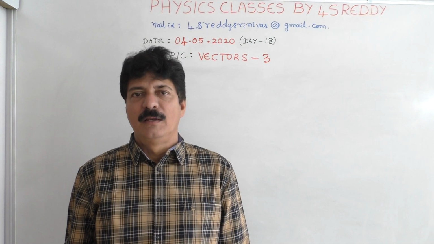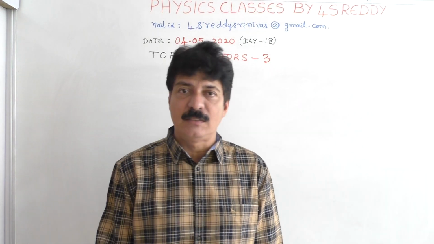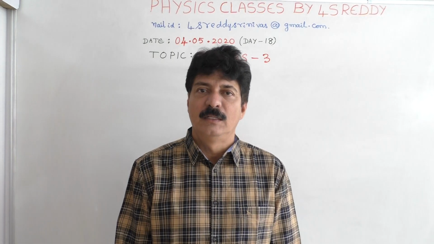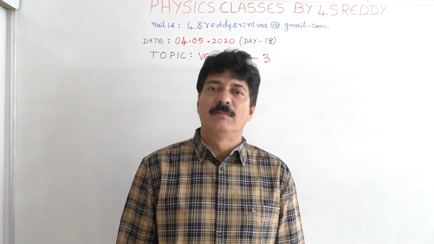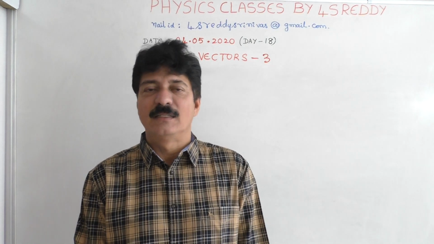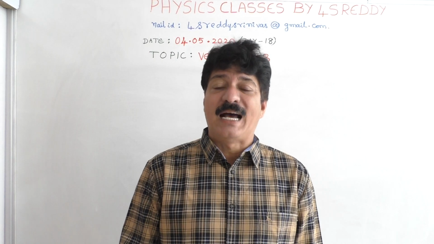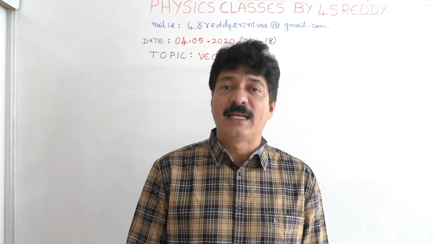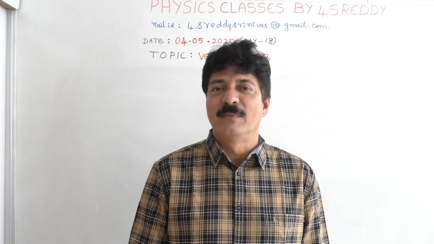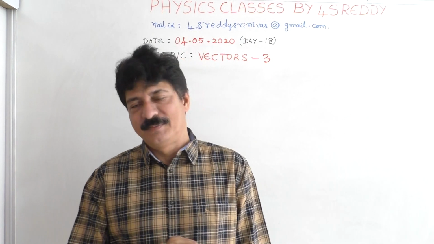Whereas if they are unlike vectors, then the vectors can be added by the triangle law of vector addition, as we discussed in the previous class. So, if the vectors are unlike vectors, then they can be added using the triangle law of vector addition.